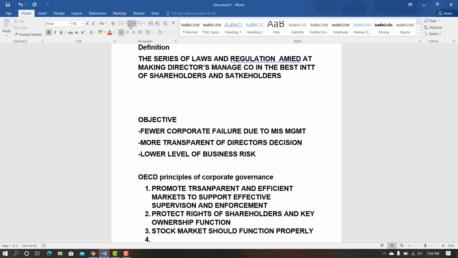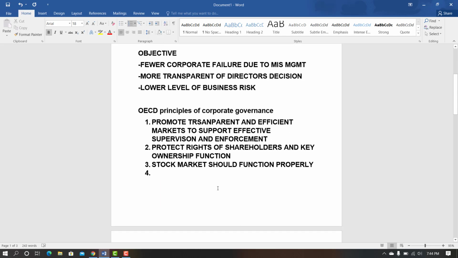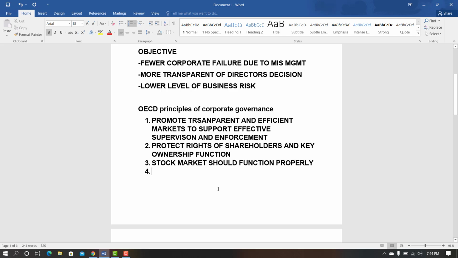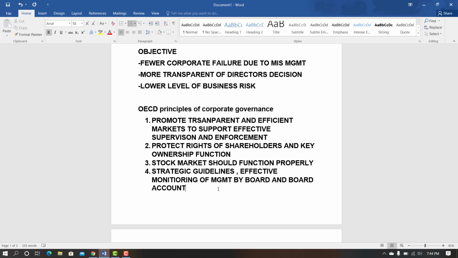And fourth point is strategic guidelines, effective monitoring of management by board and board accountability.